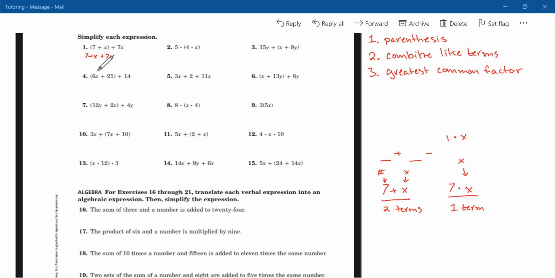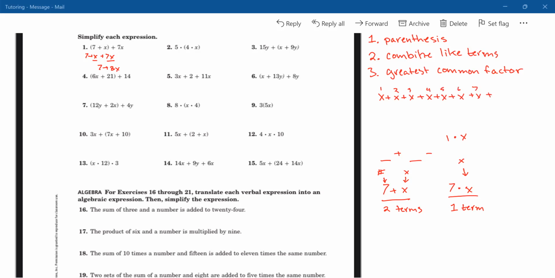So here we have x and 7x, which you may have been able to guess is what we are going to combine. So it will become 7 plus 8x. And the reason for that is because 7x is the same thing as saying x plus x plus x plus x plus x plus x plus x, 7 times. 1, 2, 3, 4, 5, 6, 7.